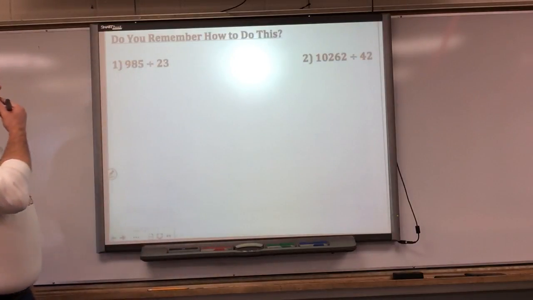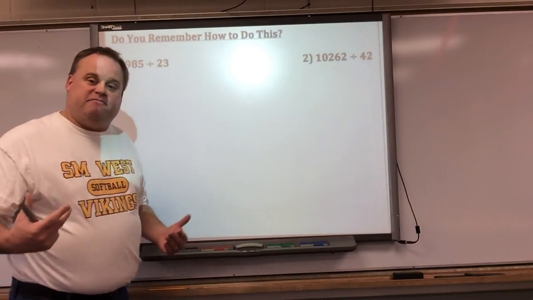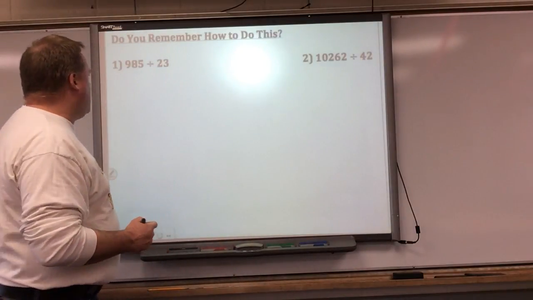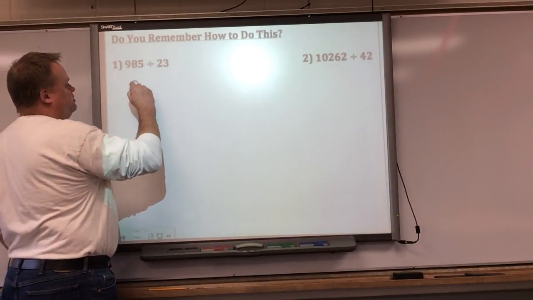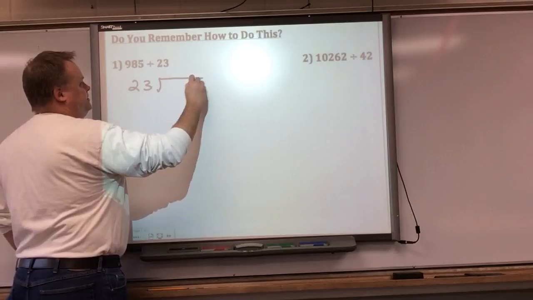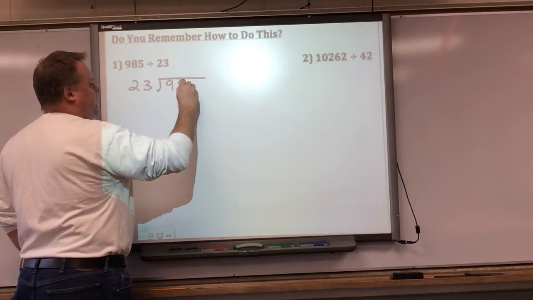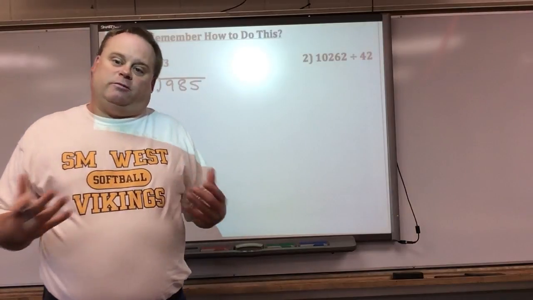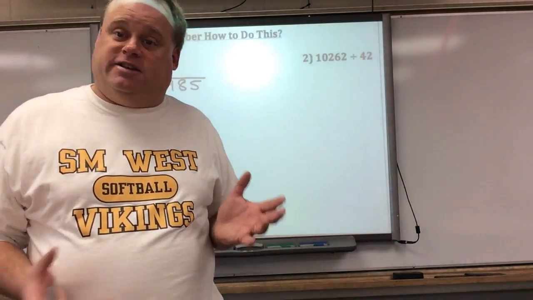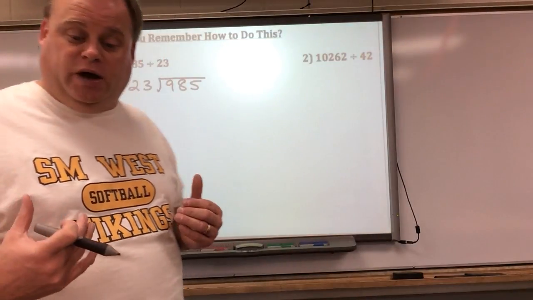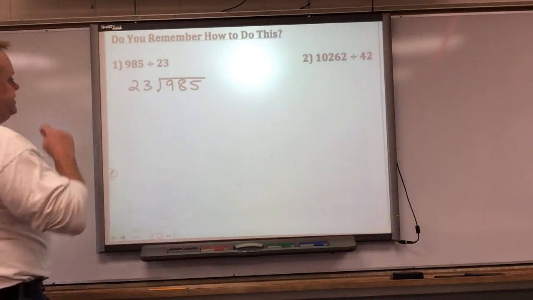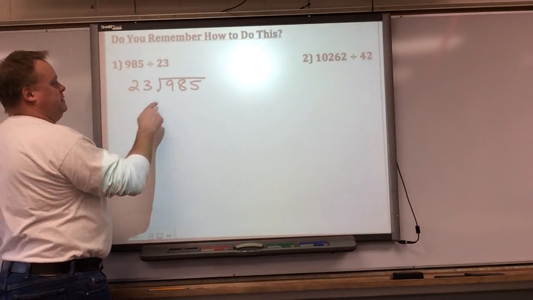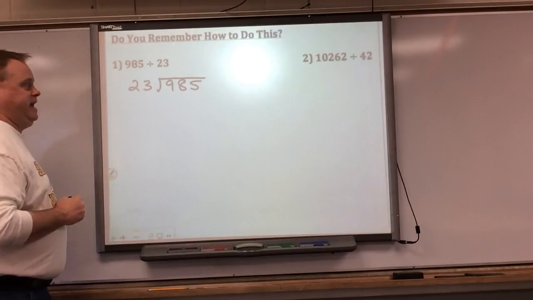I want to go ahead and divide 985 by 23. So how I'm going to write that is the 23 goes on the outside, and it's going to be divided by 985. And the first thing, if you remember how to do this all the way back to elementary school, hopefully we did this a little bit in middle school as well. But if I'm going to look at this, I want to know how many times does 23 go into 98?